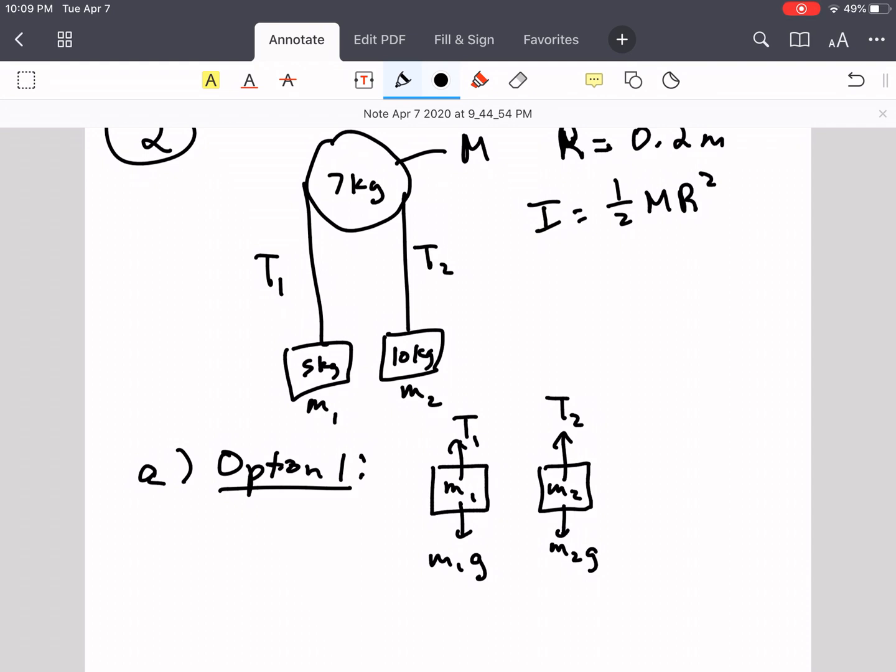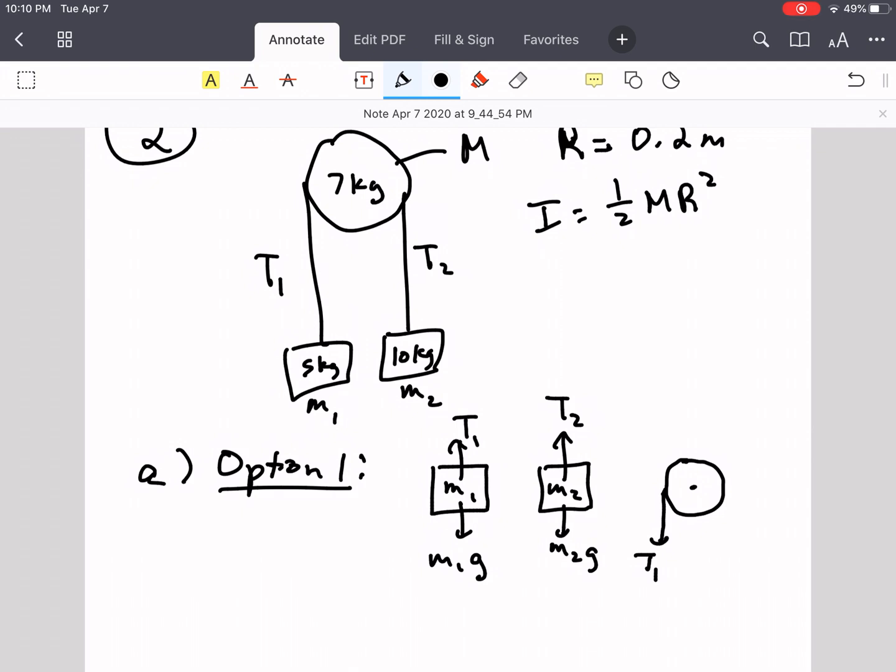And finally, I have our pulley. So the pulley, I'm not going to bother with the axis itself. There's a normal force in the axis. There's a weight from the axis. We don't care about that since it's just rotational motion. The important thing here is the torques, and the torques are T1 pulling on the left side.